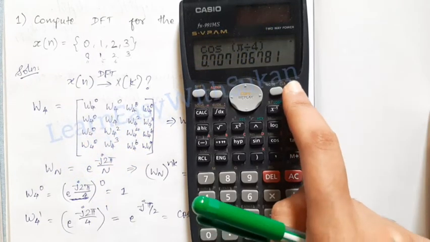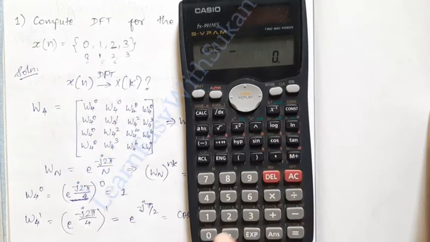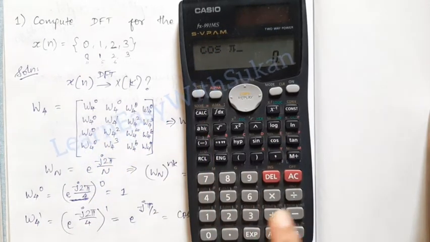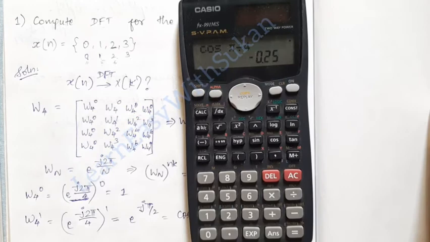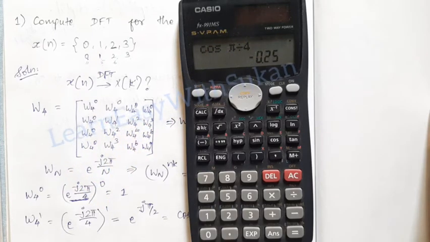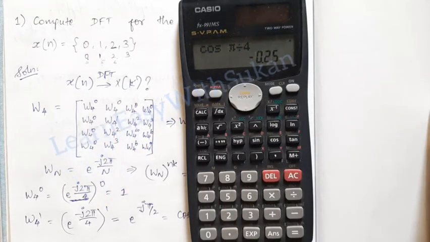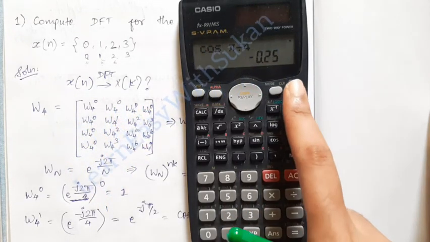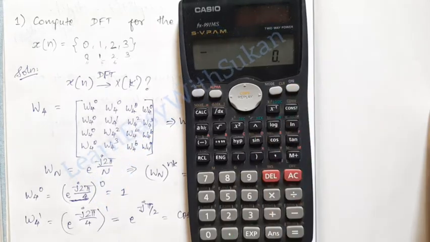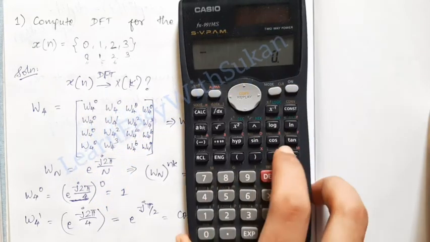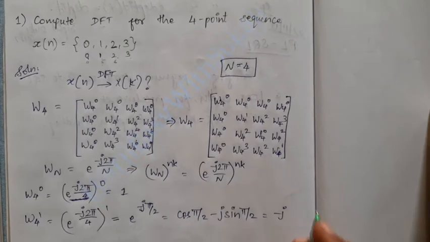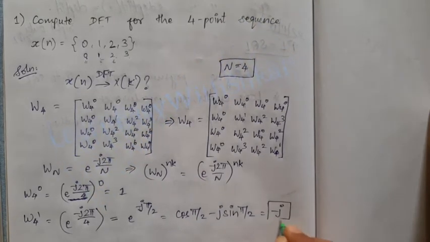Whereas, if you give simply cos pi by 4, see the value, you are getting a different one. So that's the reason you have to practice using the parenthesis. Don't feel it is easier, use parenthesis and then give the correct value. So put all these in the radian mode, don't perform all these calculations in the degree mode. So this is how we need to get the value for these calculations. So here we get minus j.